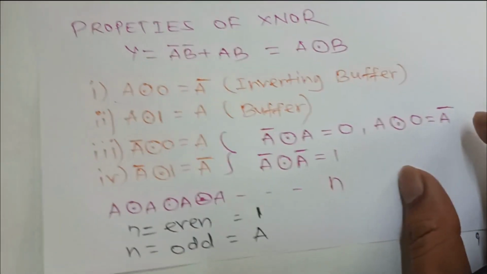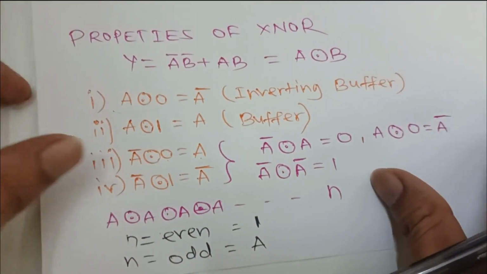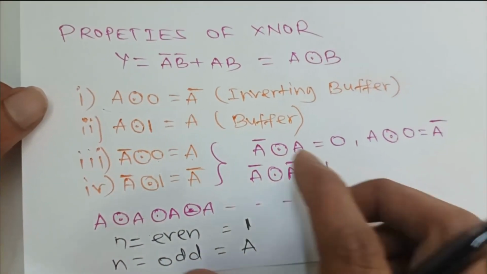Next, coming to some combined properties of XOR and XNOR. Suppose A XOR B is written over here.